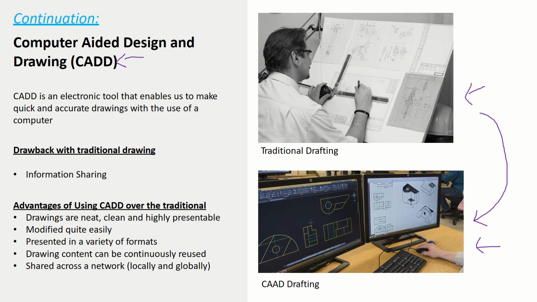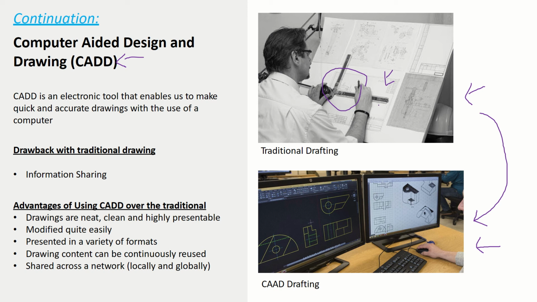The first thing as to why traditional drawing has its drawbacks is information sharing. It's very difficult to share information. Well, not difficult, but it becomes a bit tedious. Let me give you an example. This drawing that he's doing here, if he shared it with you or somebody else and you wanted some changes, he has to go back and redraw it.